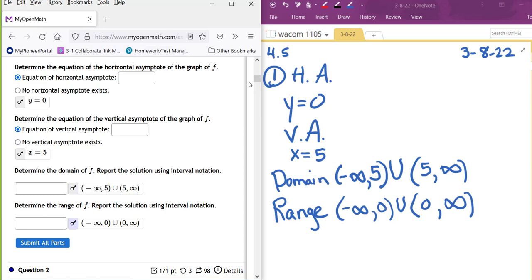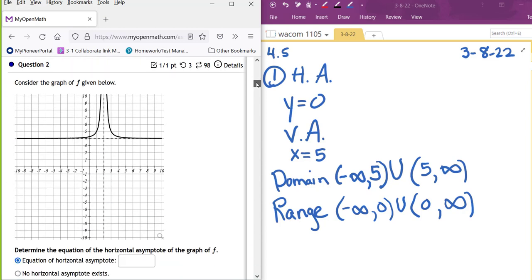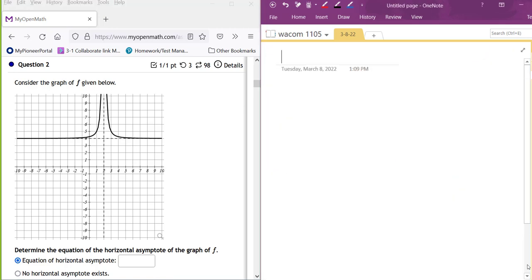All right. Number 2 is a similar question. It's just a different type of picture. It's still a rational function. So this is our function up here. And they want to know the asymptotes again. So your horizontal asymptote is this one.